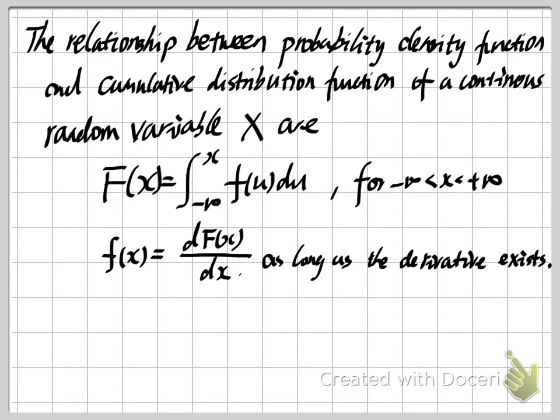For our CDF, the domain is between negative infinity and positive infinity. For the second one, because we want to take the derivative of our CDF, capital F, if you are familiar with calculus, you know there are some cases where the derivative does not exist.